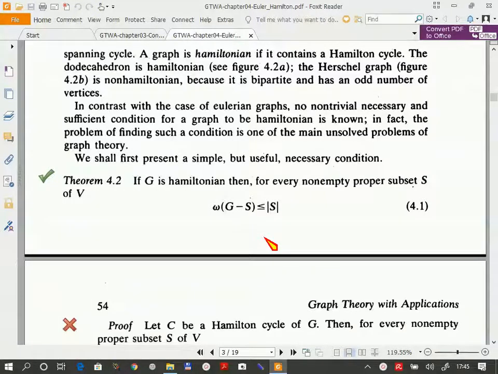Also here, you can get a negative answer. Now I draw something very easy to see that it's not Hamiltonian. Take this graph.